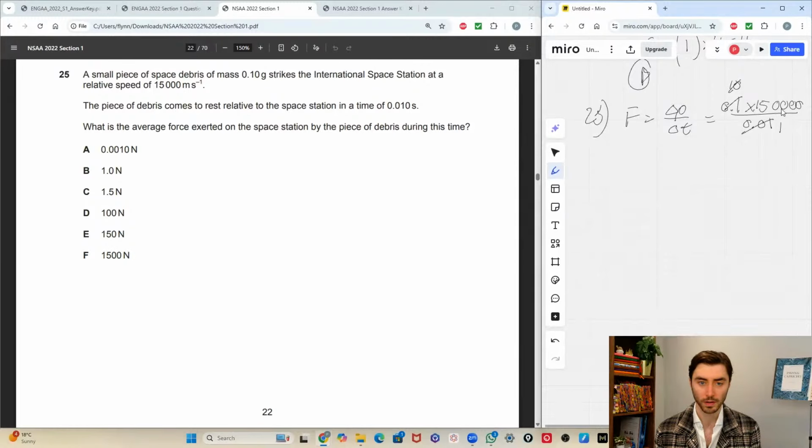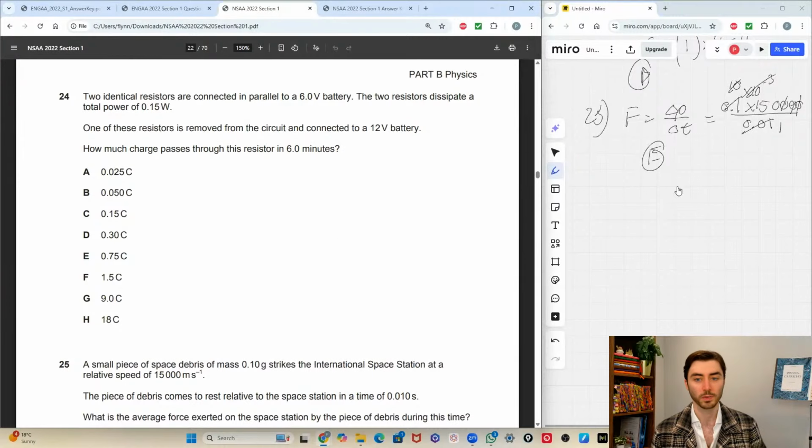What did I do wrong? Mass times change in speed over the change in time. Grams! Okay. So that's 0.1 times 10 to the minus 3. So knock off 1, 2, 3. Bam, 150, E, done. Never safe from units.